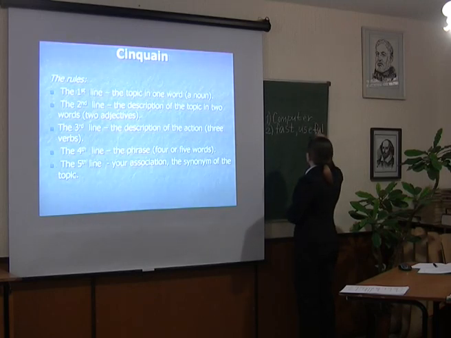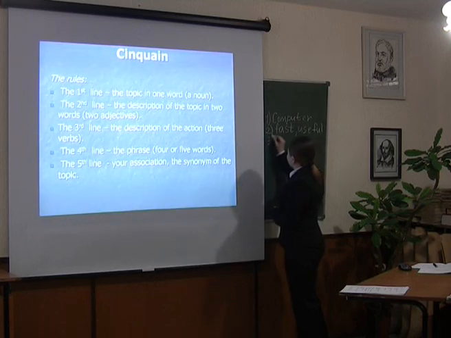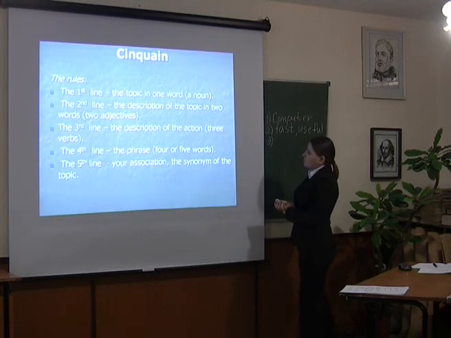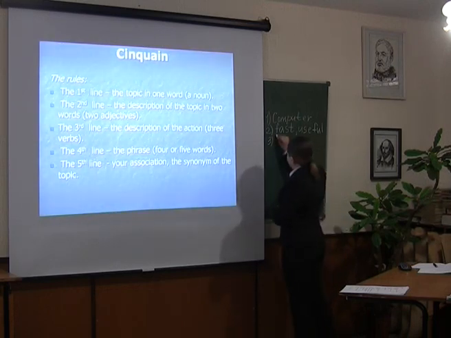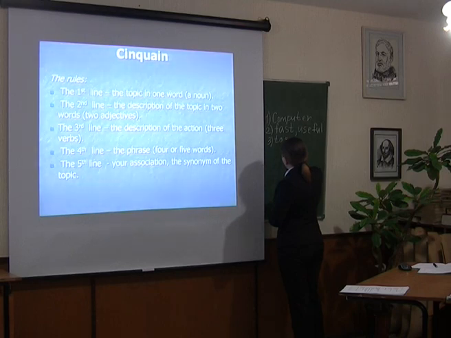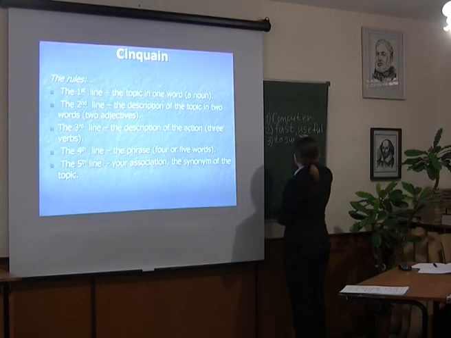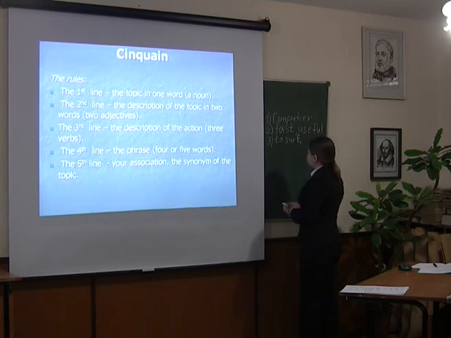So the third line, the description of the action, 3 verbs. For example, what can computers do, Mary? To serve. Or what can we do by means of computers? To serve. Mind F. Serve. To store. To store, good.